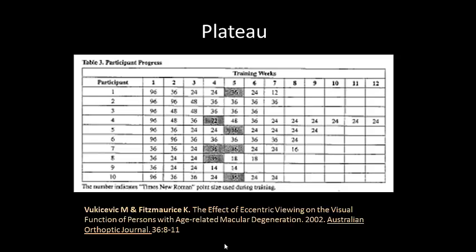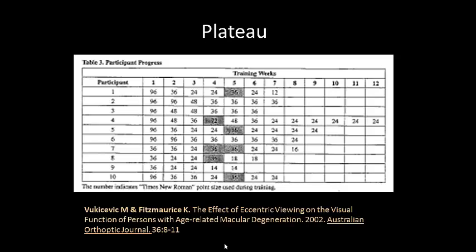So in week 4, they were able to read N24 font. In week 5, that went down to N36. We pushed on, and in week 6 the font improved again and it went down to N24, and then by week 7 it dramatically went to N12.